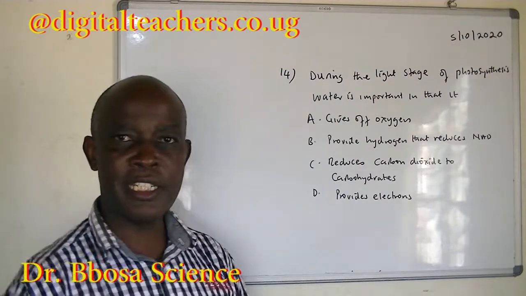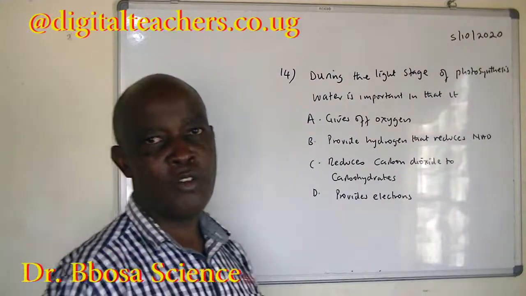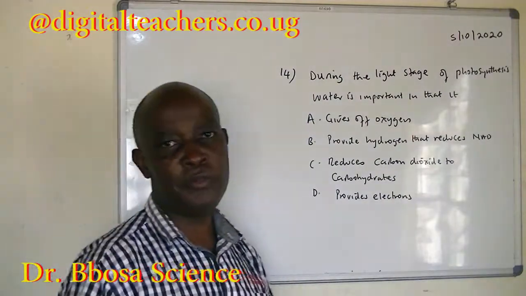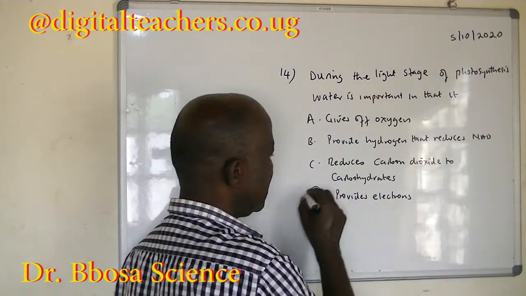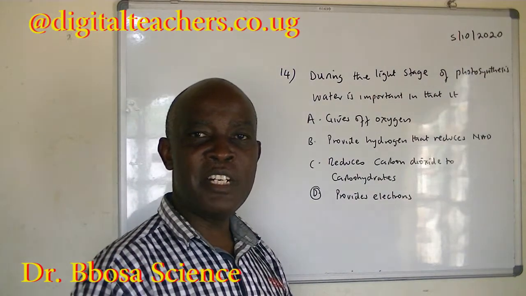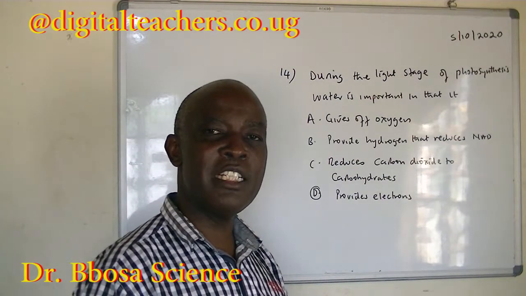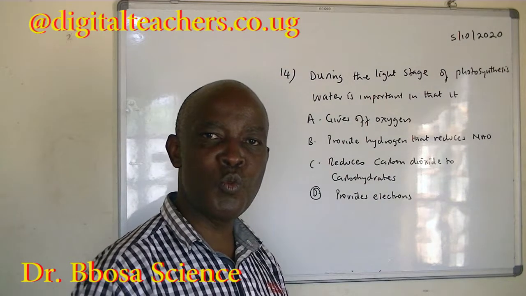D. Provides electrons. You can pause, find the answer, then we continue. The answer is D, because water photolysis provides electrons to restore the electrons lost by photosystem II.